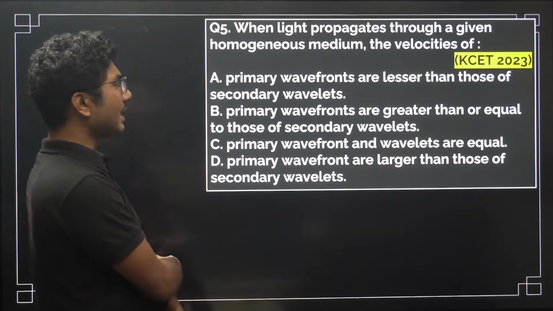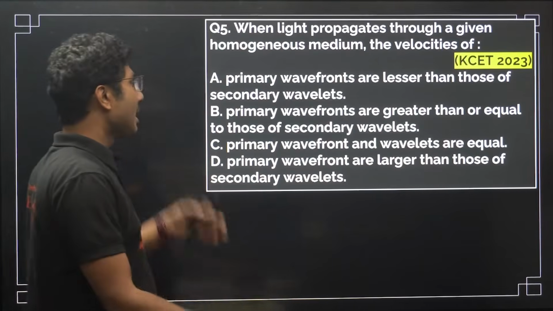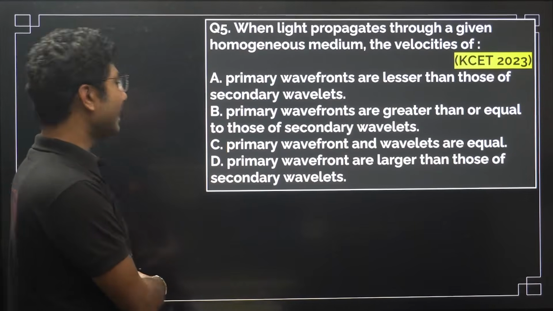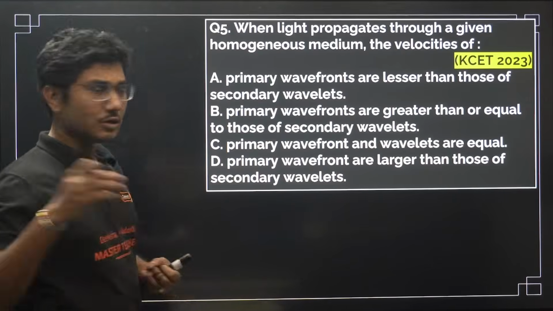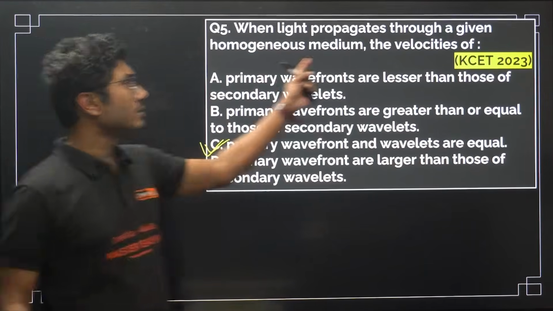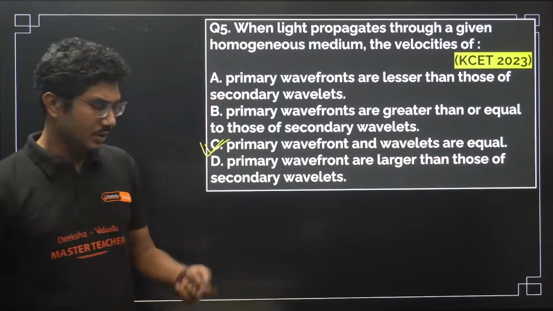Primary wavefronts are greater than or equal to those of secondary wavelets. That is also not correct. Primary wavefronts and wavelets are equal. So this is the correct answer. Primary wavefronts are larger than those of the secondary wavelets. That is also not correct. So velocities of primary wavefronts and wavelets are equal always, right?